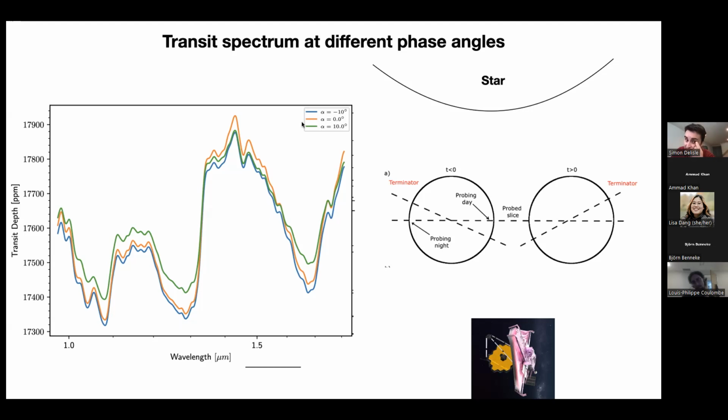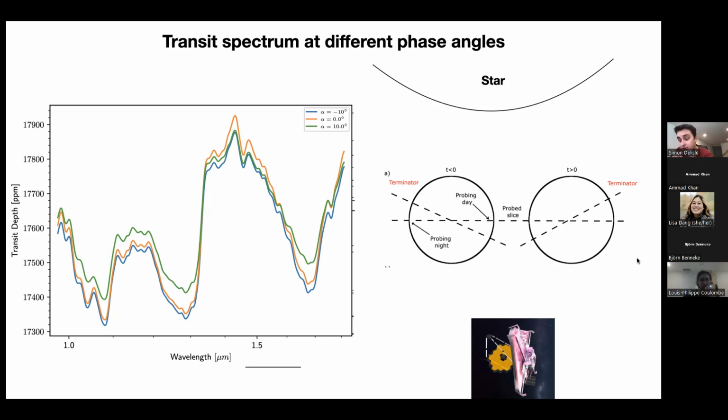And when we have a positive angle here, it just means that the terminator, so the transition between day and night, is slanted like that. The telescope probes this slice here. And so what we see is, when we have a high positive phase angle from mid-transit time, we probe a lot of the day side on the east and a lot of the night side on the west. And this is important because we know that the east side is really, really hot compared to the west side.